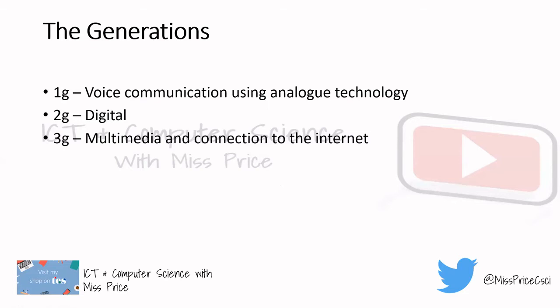Skype was around and there were some forms of video calling, but 3G made it much easier. Plus you could send photos. I remember one TV advert in England where a photo of a baby was being sent across different mobile phones. And also you could connect to the internet.